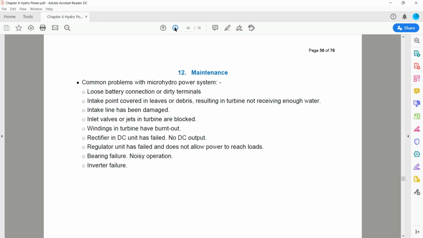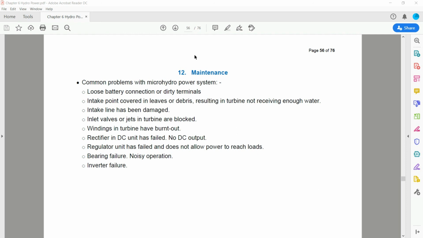So, maintenance: common problems with micro hydro power systems. First, loose battery connection or terminal. Number 2, the intake point is covered in leaves or debris, resulting in the turbine not receiving enough water. Third, the intake line has been damaged.